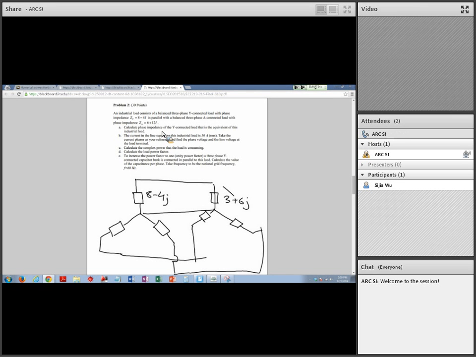Once you see that, you can see that this one is parallel with that one, this one is parallel with this one, and the third one is parallel with the third one over there. You can actually take single phases out, and this is what it will look like.